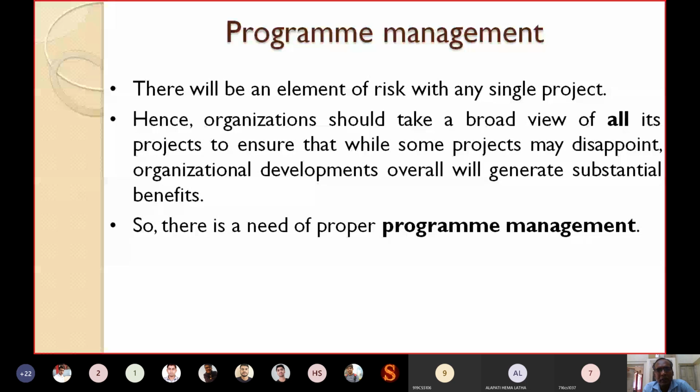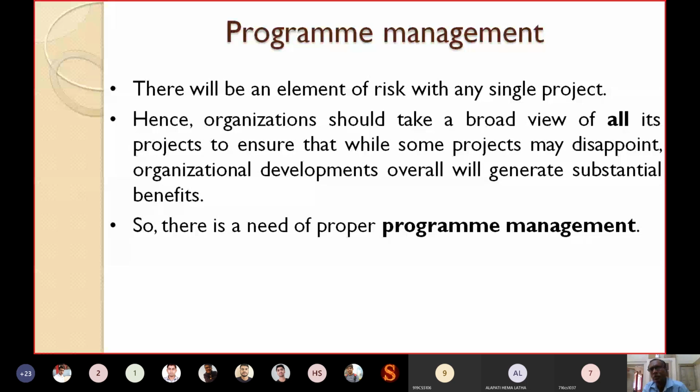The organization should take a broad overview of all its projects to ensure that while some projects may disappoint, because they are riskier than other projects, they may give less profit, they may give more loss, but the organizational developments overall will generate substantial benefits.